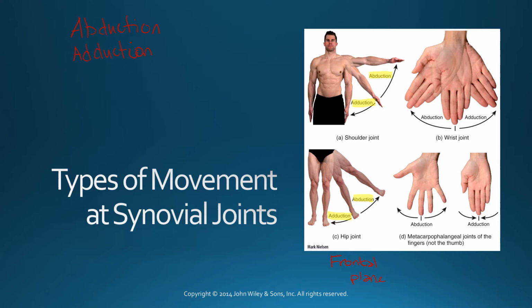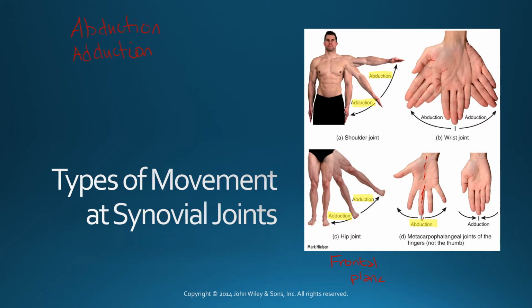Now, the midline of the body is not used as a point of reference for adduction and abduction of the digits. In abduction of the fingers, but not the thumb, you have an imaginary line that's drawn through the longitudinal axis of the middle finger here, and the fingers move away from or spread out from the middle finger.